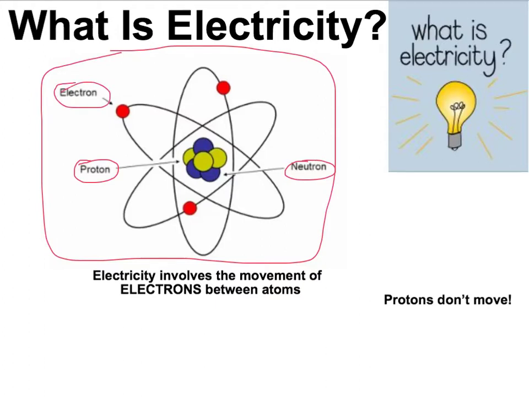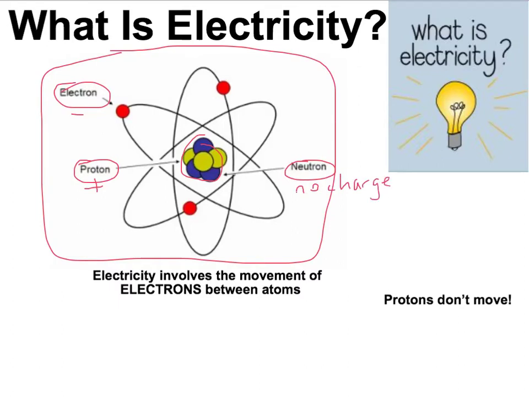Now protons and neutrons are in the nucleus of an atom, and electrons move around in a cloud outside of the nucleus. Now what happens is that these electrons can be transferred between atoms or between objects, and that's going to cause some charge. Now, what is this charge? Hopefully you also remember from chemistry that protons are positively charged, electrons are negatively charged, and neutrons have no charge.